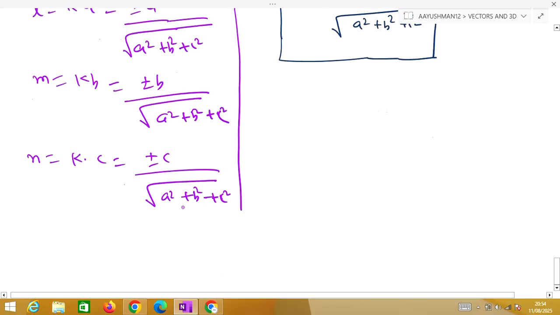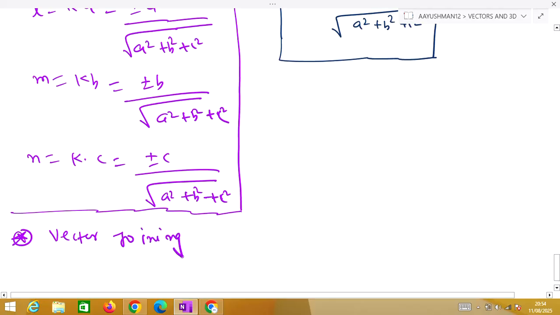No problem. No sir. एक चीज़ और यहाँ पे देख लेते हैं, the vector joining two points and all this, ये पहले ही बताया था. So the vector joining two given points and their direction cosine and direction ratio.